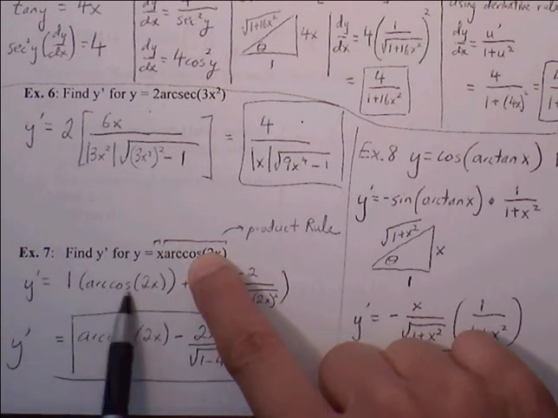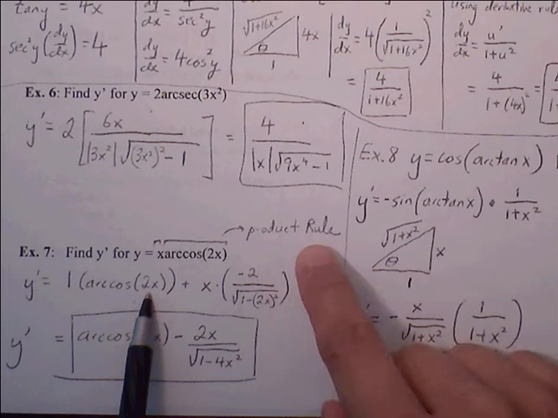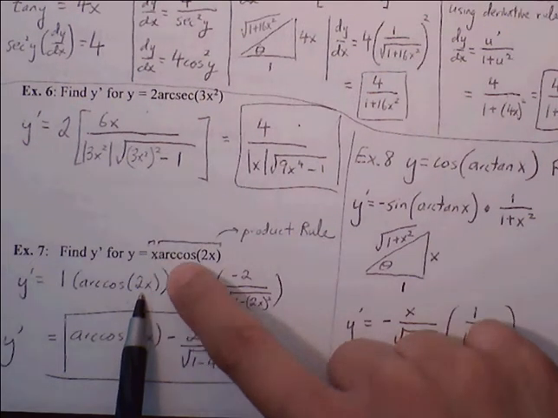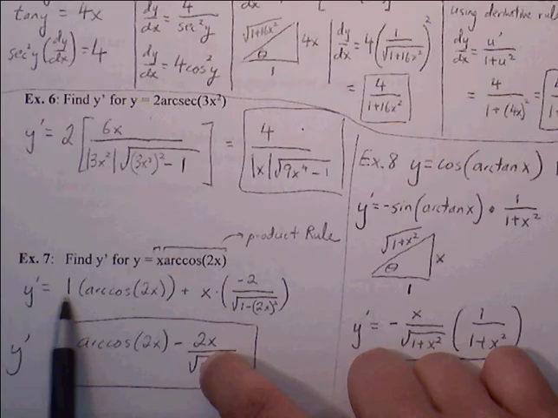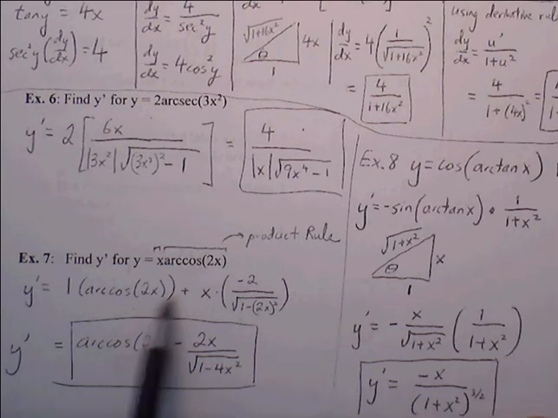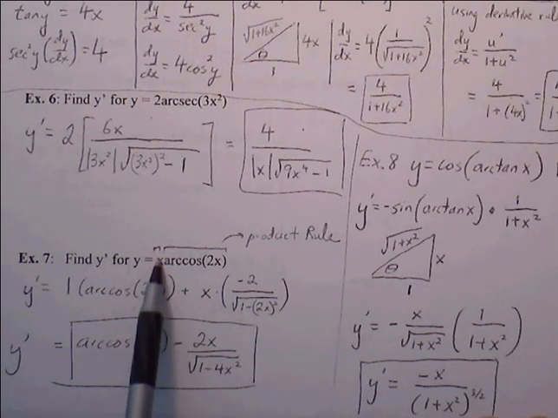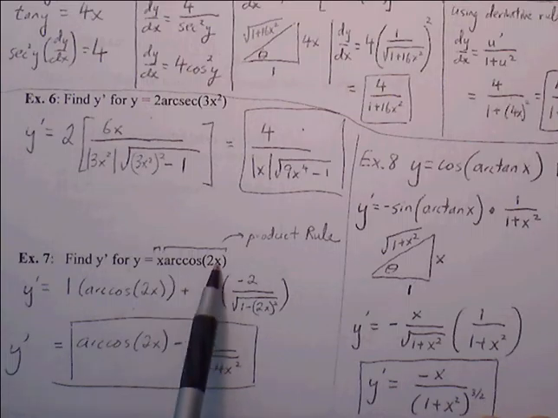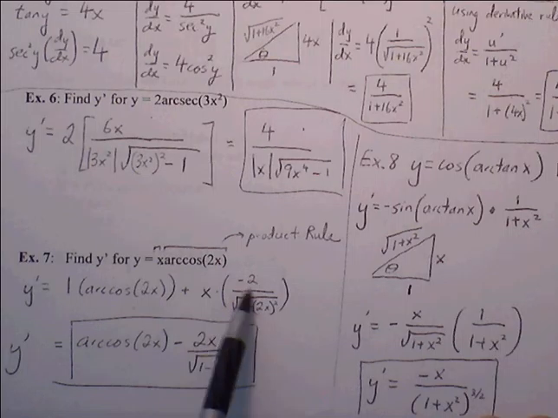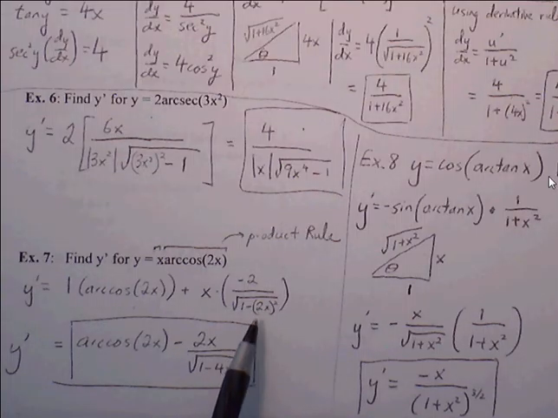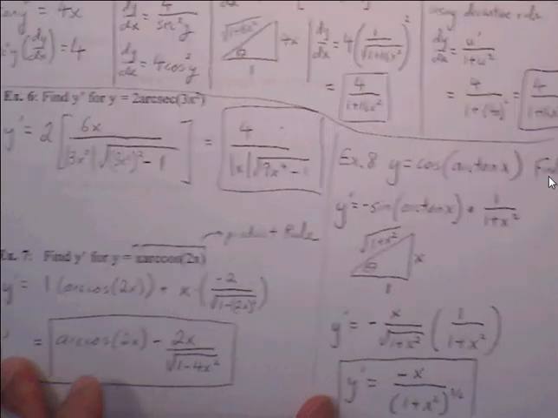So f prime is 1, and then we take the original g function, plus f, which is x, and then g prime. So the derivative for arc cosine of 2x is negative u prime, so negative 2 over the square root of 1 minus u squared, so square root of 1 minus 2x quantity squared. And if we simplify this a little further, we get negative 2x over square root of 1 minus 4x squared.